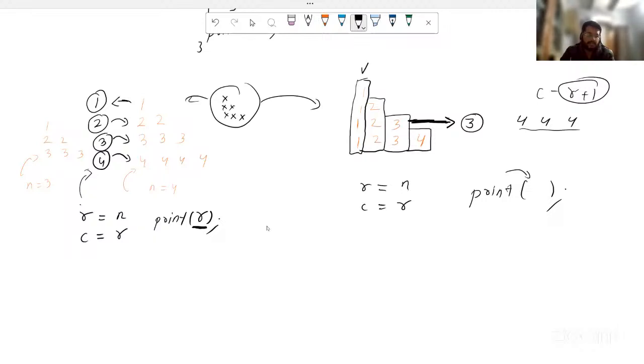Now, can you tell me, this is the first column, right? This is your second column, and this is your third column, and this is your fourth column. So what are you printing over here? You're printing the column number.